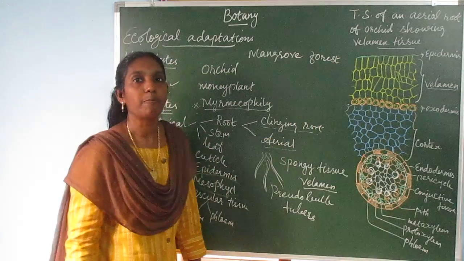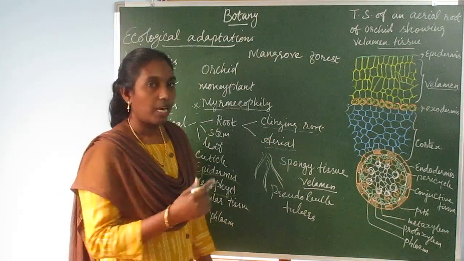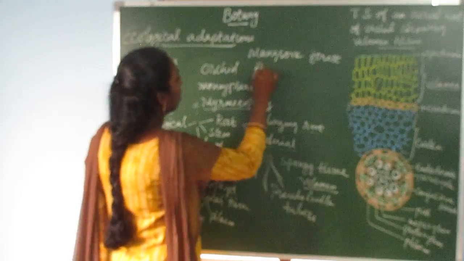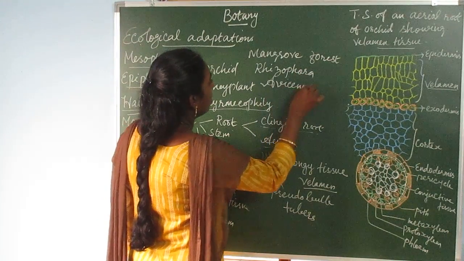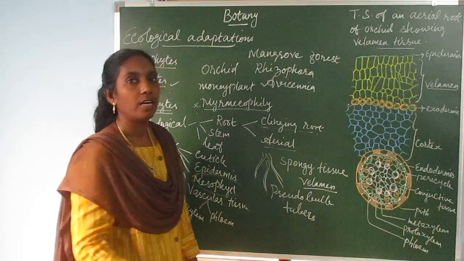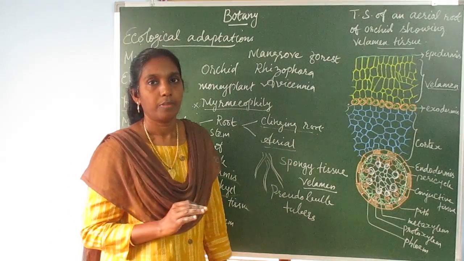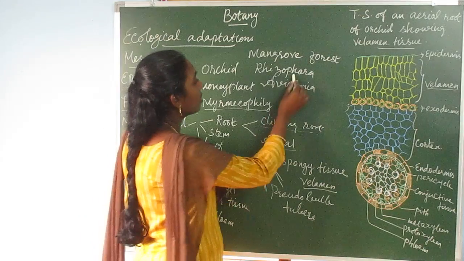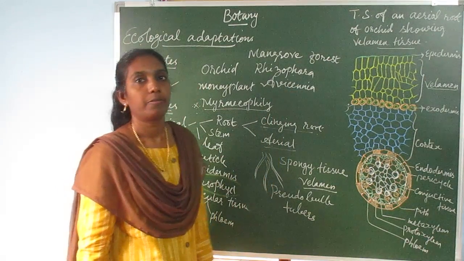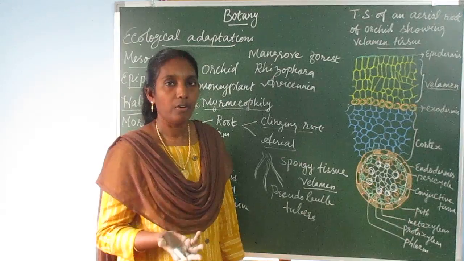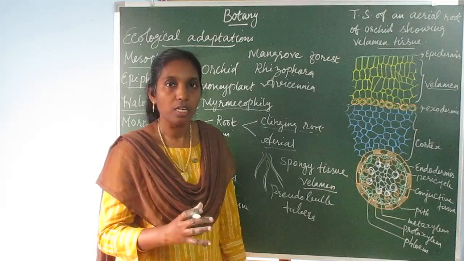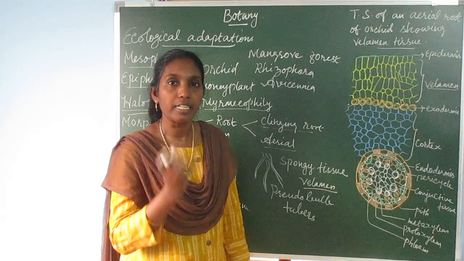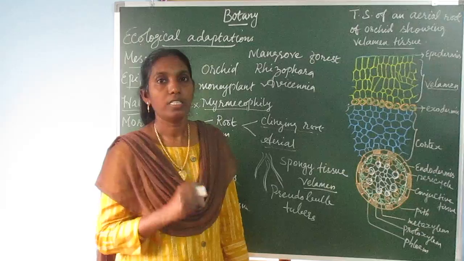Examples of mangrove plants are Rhizophora and Avicennia, or they are called halophytes. Halophyte plants grow in soil which is rich in salt.